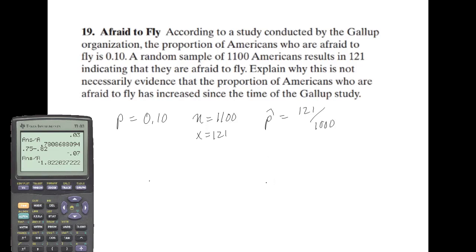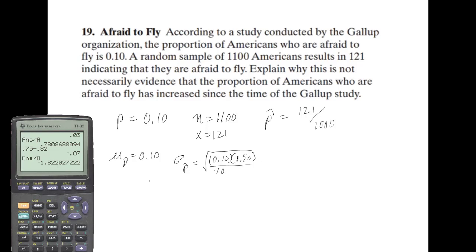Okay, so I guess what I'm going to do here is find some probabilities. So, now this is a different problem. So we got mu of p hat is equal to 0.10, and sigma of p hat is going to be the square root of 0.10 times 0.90 divided by 1100.